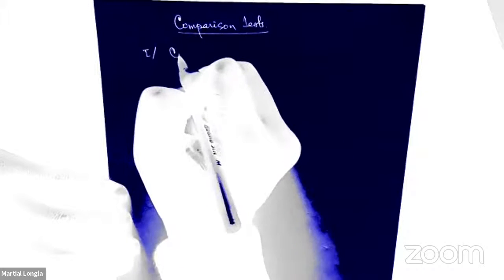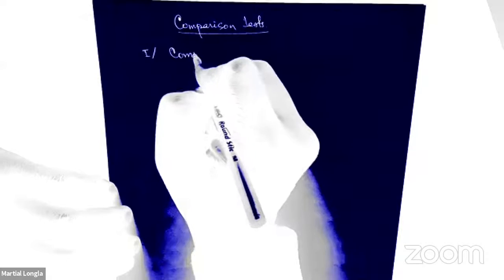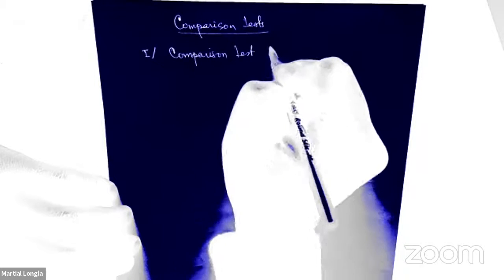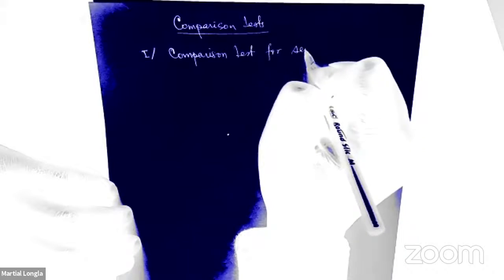So that's new material, the comparison test. There are two of them. The first one is just called the comparison test, and the other one is the limit comparison test, for series.